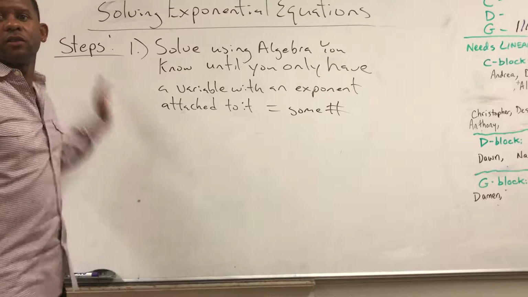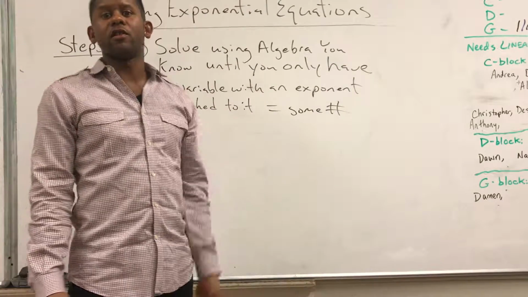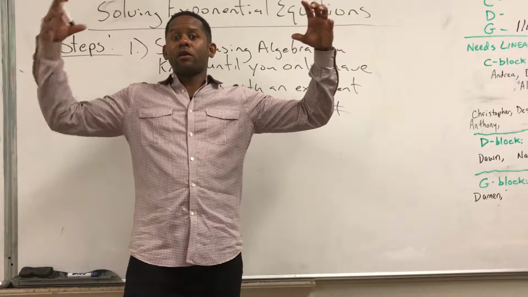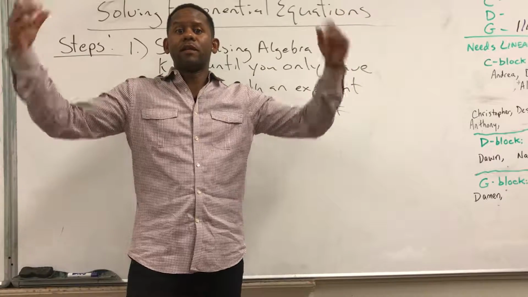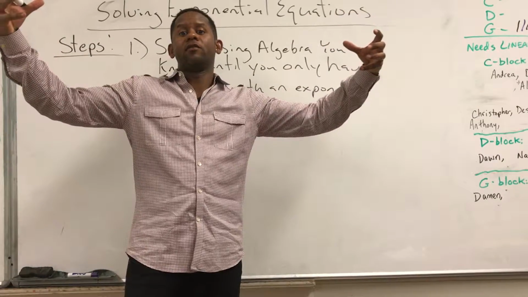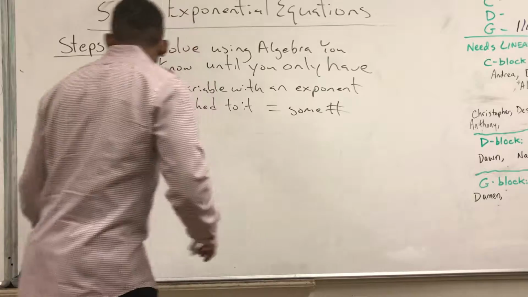So you're going to solve it using all the stuff that you already know until you get to the point where you have like x squared equals 12 or something like that, or x to the fourth equals 872. You're going to get to that point. All right?